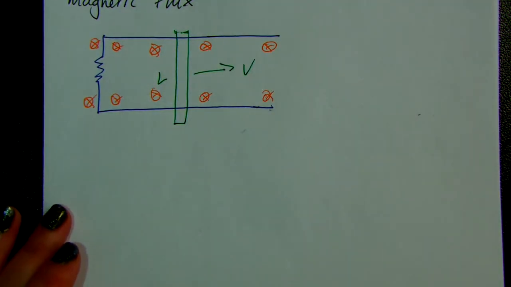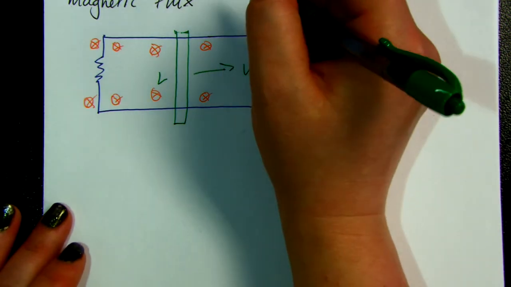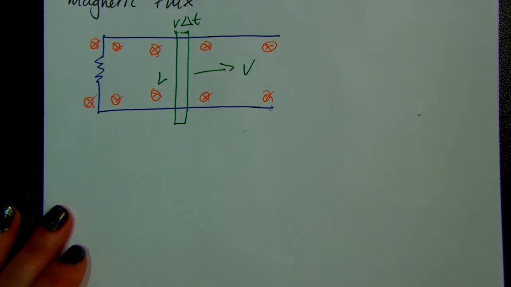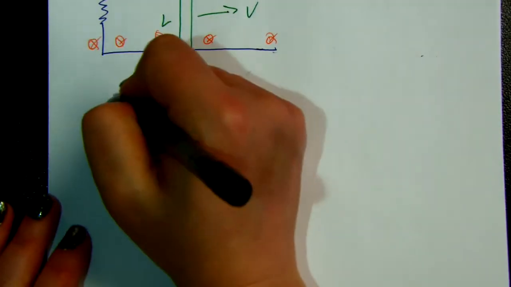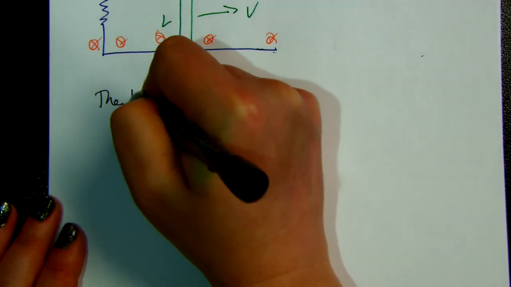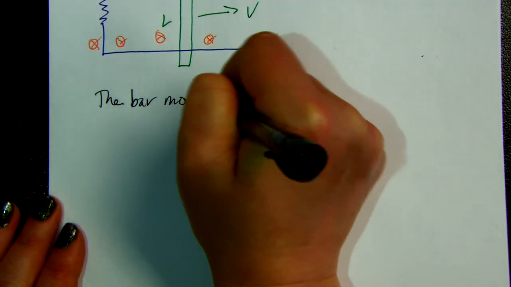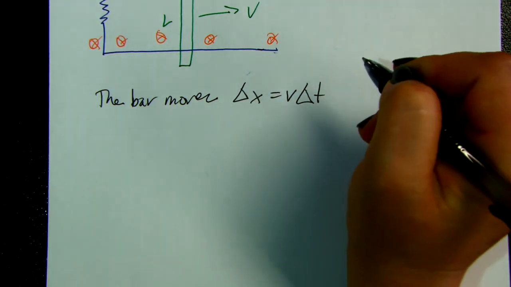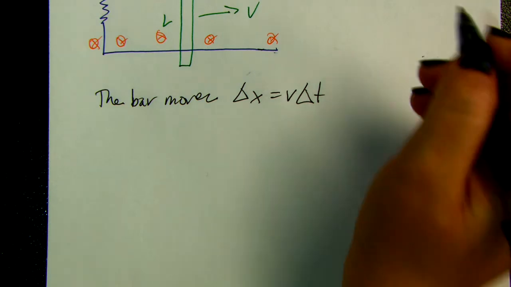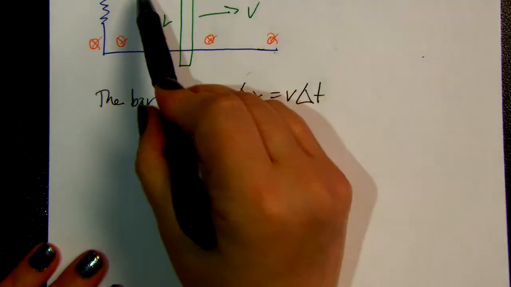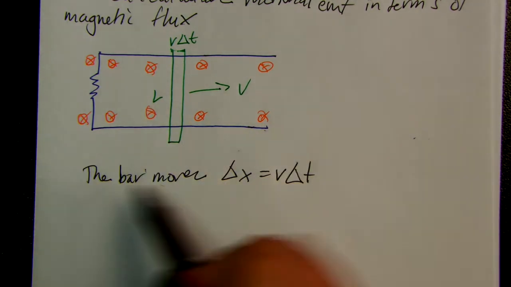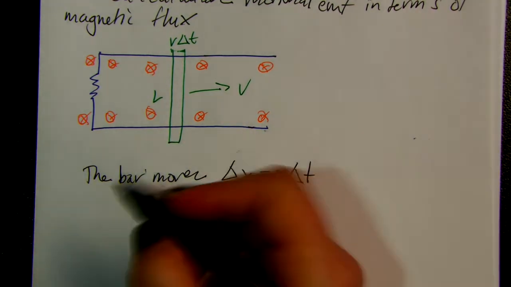Okay, so this is going to move some distance v delta t in some delta t. So the bar moves delta x is equal to v delta t. And in this case, when it moves some v delta t, what happens is the area of the circuit is also increasing.